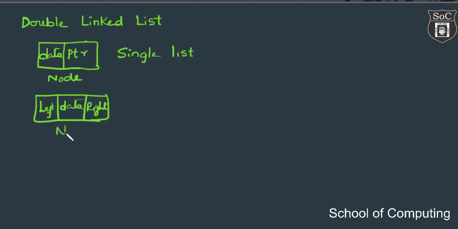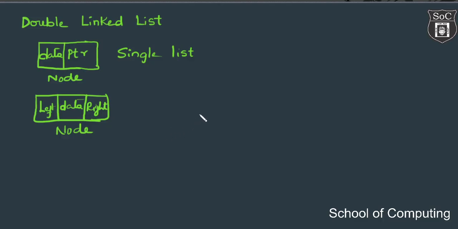So a node has three components, data with two pointers. Both pointers are capable of pointing to another node, meaning they are self-referential structures, when we implement them through structures. So both left and right pointers are used to point to another node.